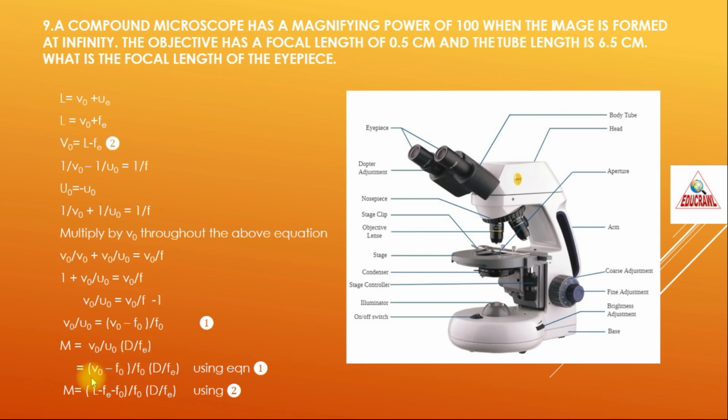So, substituting, we get M is equal to V0 minus F0 divided by F0 into D divided by Fe. Now, instead of V0, we use our second equation, V0 is equal to L minus Fe. Hence, we get the expression for magnification as M is equal to L minus Fe minus F0, the whole divided by F0, into D divided by Fe.